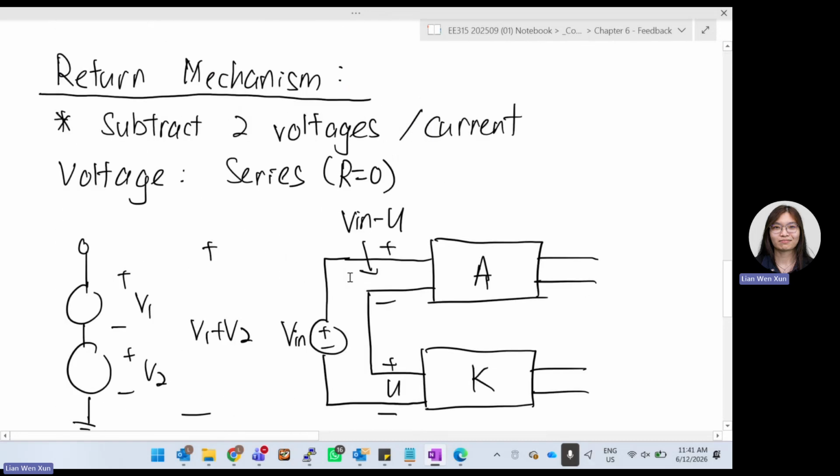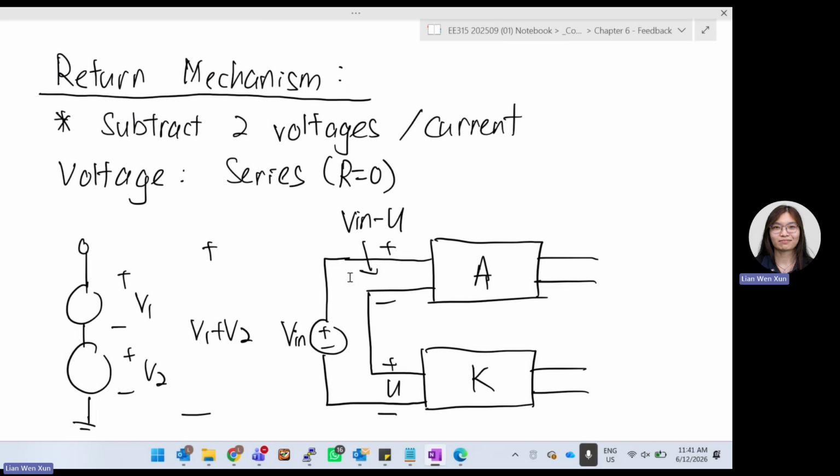Okay. So if you want to subtract voltage, we know that voltage, if we place in parallel, then there's no point, their voltage is the same. So if you want to subtract voltage, we have to place them in series. And remember now, my K I measured already, I want to feed back to my A. Now my K looks like a voltage source already. I am giving some voltage back to my feedback circuit.